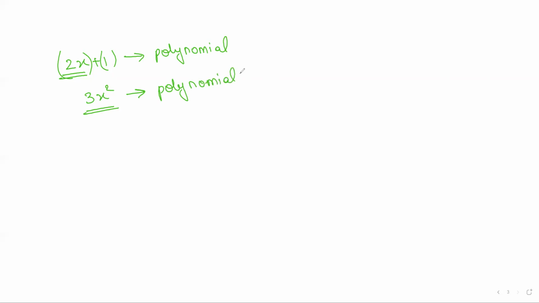Now, depending on the number of terms, polynomials are divided into different types. If your number of terms is, say, 1, as in this case where you have a single term, this is called a monomial. Mono means 1. If you have 2 terms, this is called a binomial. If you have 3 terms, then this will be called a trinomial.